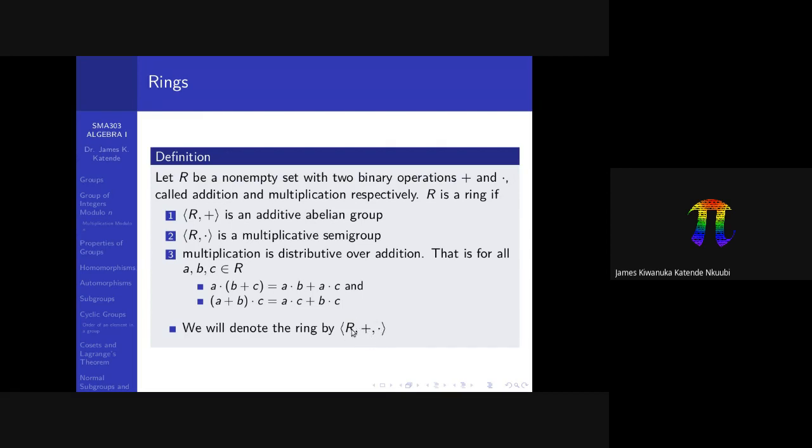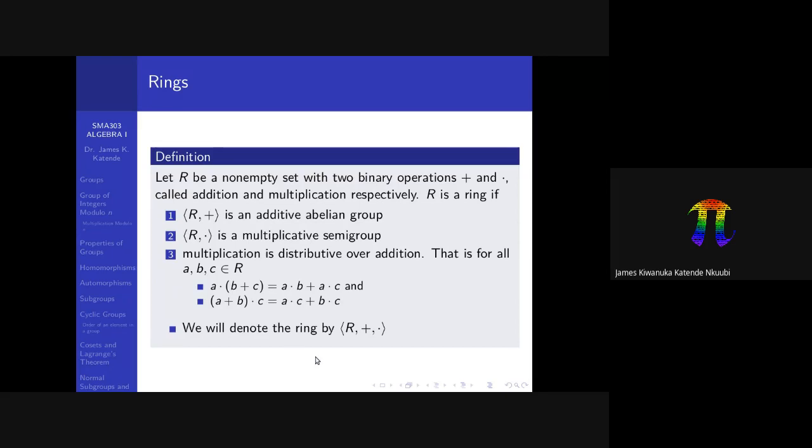Now, there's no reason why you must use R. I just happen to use R, but you can use any letter. It's just a non-empty set. Whichever letter you choose to represent it by does not matter. You just need to know it's a non-empty set, and we have two binary operations defined on it, which satisfy these properties.